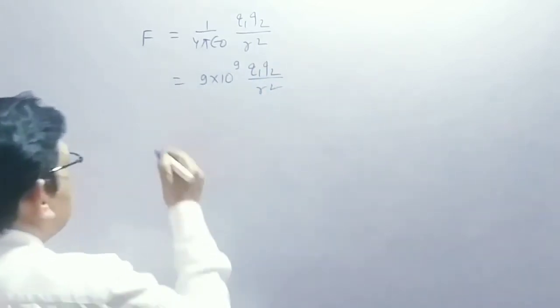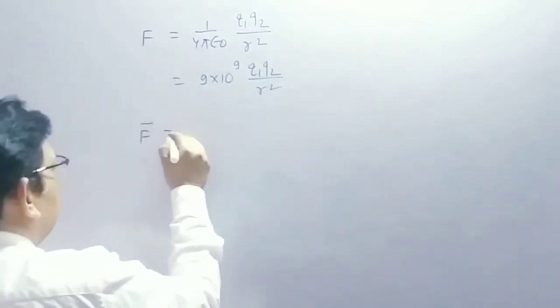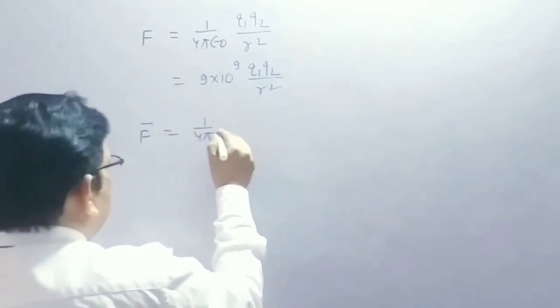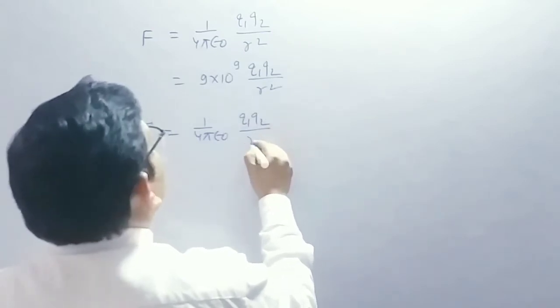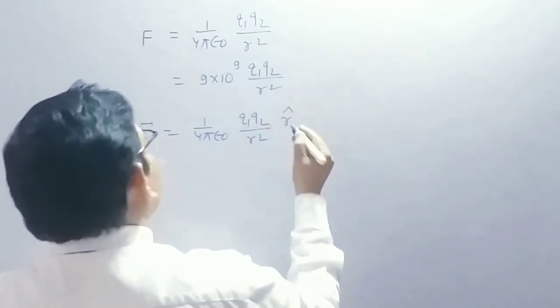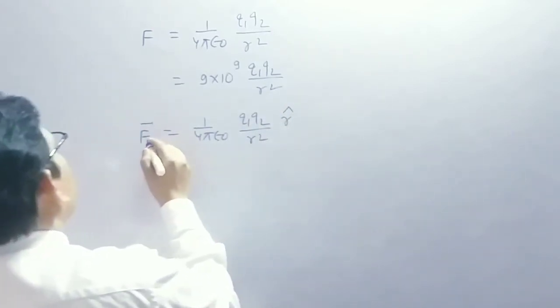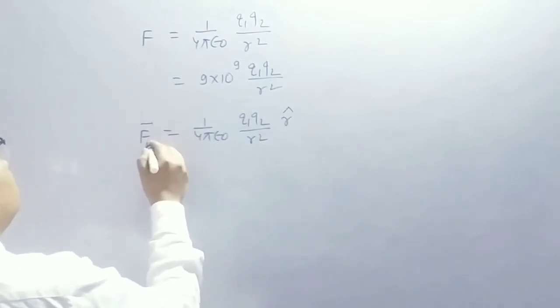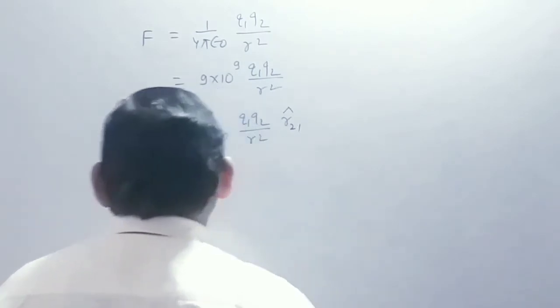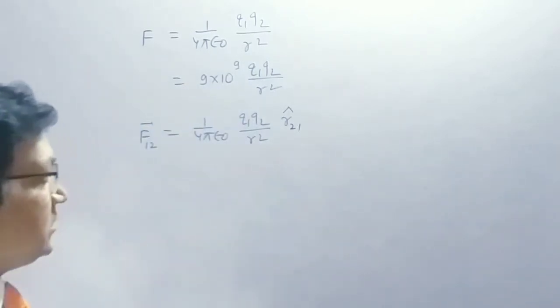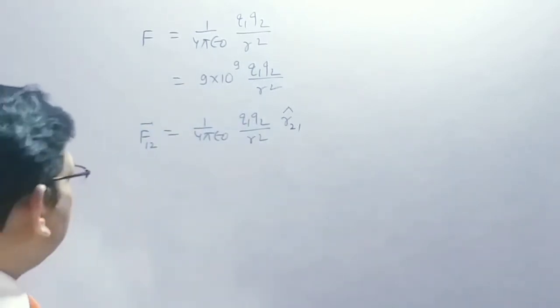After that, we expressed Coulomb's law in vector form, depending upon the force. If it is the force acting on 1 due to 2, then the direction of force is from 2 to 1. Then we expressed Coulomb's law in terms of position vector.